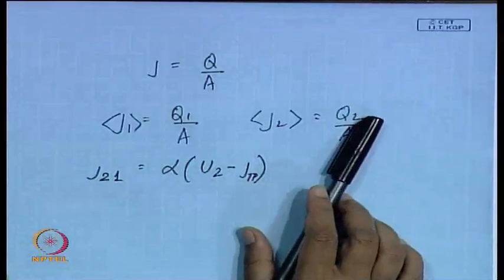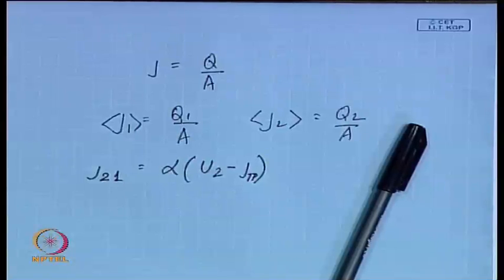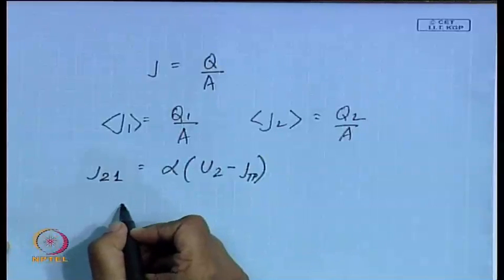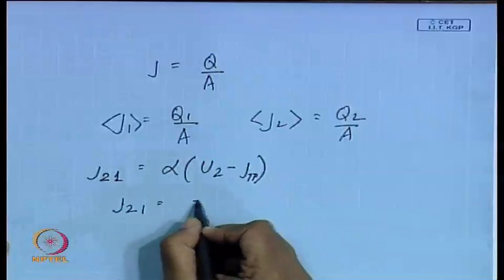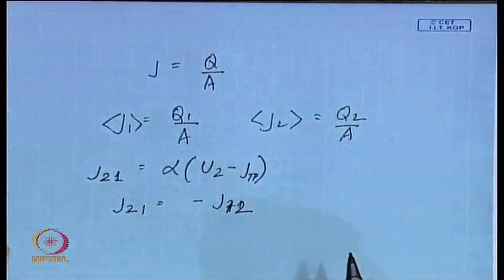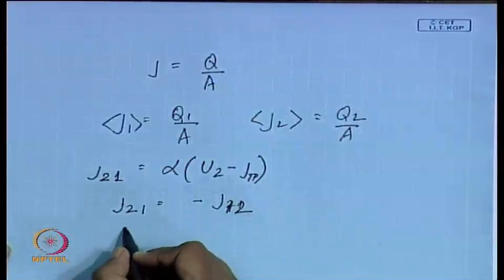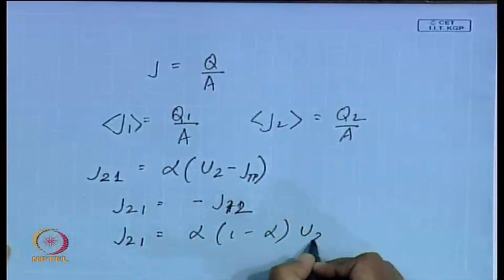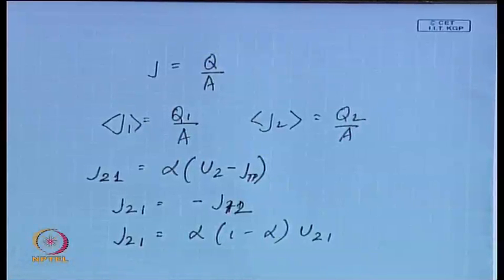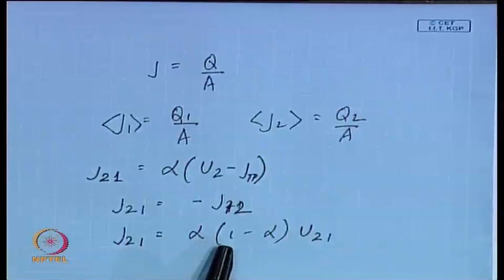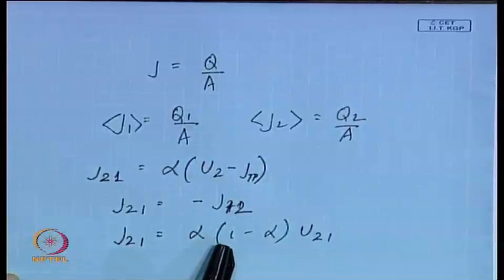In that particular way we had defined, and then we had done several particularly important derivations, and finally we had arrived at two important equations. One was a symmetric equation, J21 equals minus J12, which you must be remembering. The other was J21 equals alpha into 1 minus alpha U21. So, these were the two final equations that we had obtained when we were discussing the concepts of volumetric flux, drift velocity and drift flux towards the end of our nomenclature chapter.